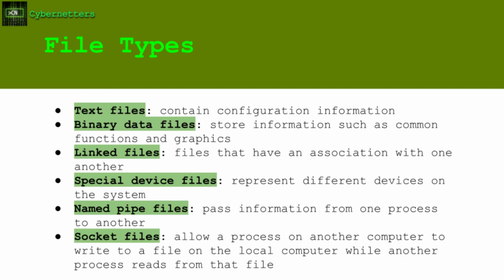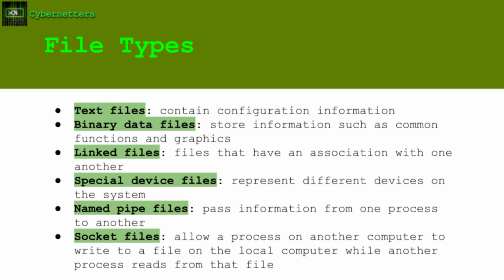So in Linux, not all files are the same. There are 6 different types of files, and knowing what they do can help you understand how Unix handles data. Text files are simple files that contain human readable text, often used for configuration settings. Think of files like /etc/passwd or shell scripts.